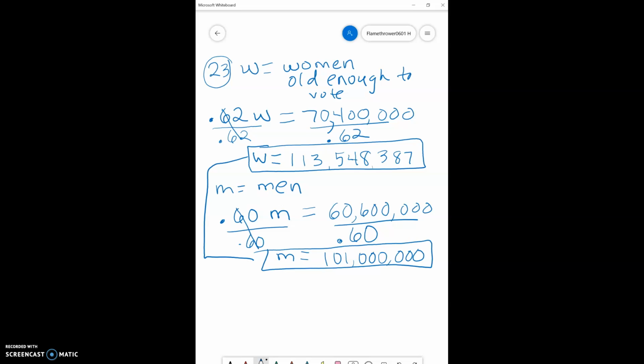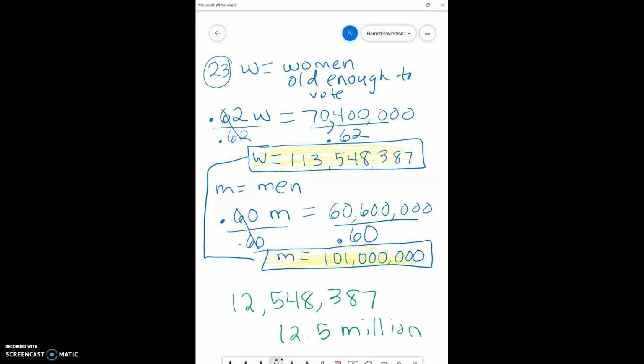So you're going to say 113,548,387 minus 100 million. We're going to take this number and subtract this number, and I've already done that, you get 12,548,387, but that would be 12.5 million.